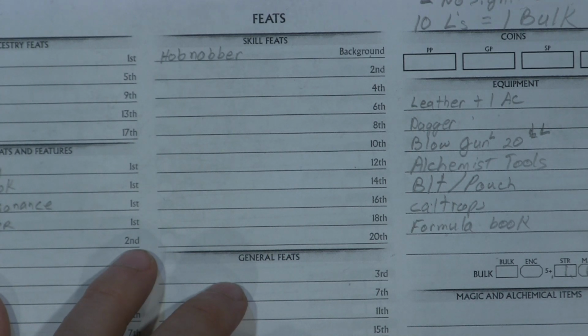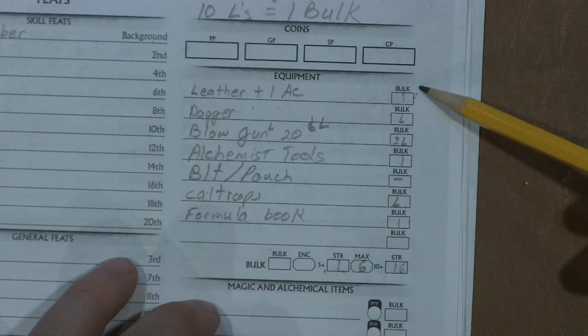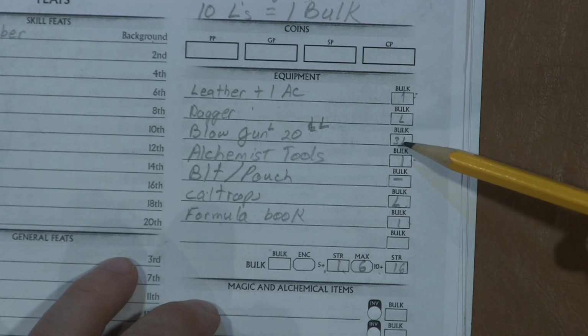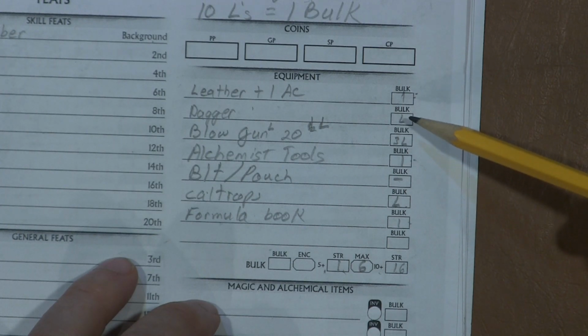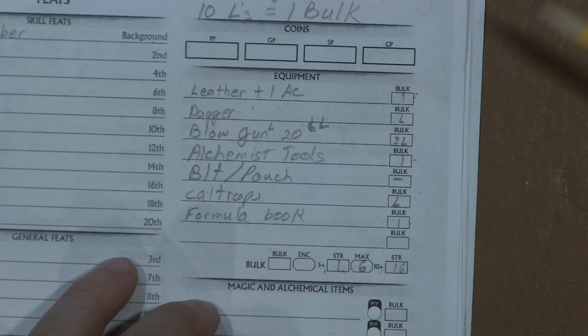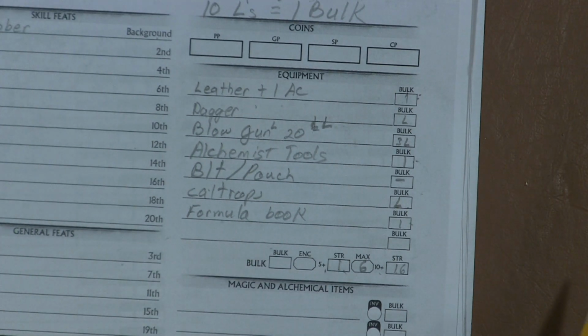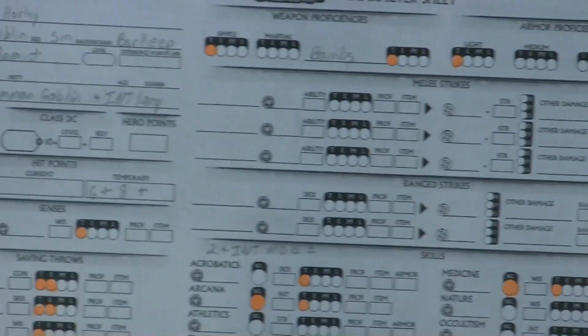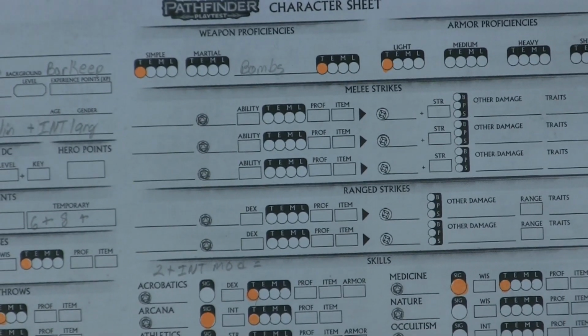Whoops, wait. 1, 2, 3, plus 3, 4, 5 L's, so it's like 3.5. I'm good. Now I'm going to go to the front of the page, and I'm going to go ahead and fill out all my weapon stuff.